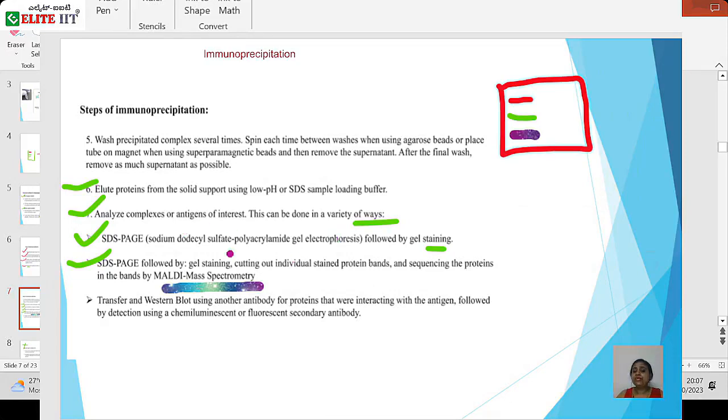So in order to do that, generally what is happening, from the SDS-PAGE, separate bands are separated. That means, if you consider these three bands are there, you have to cut every band. In this way, you have to cut every band.